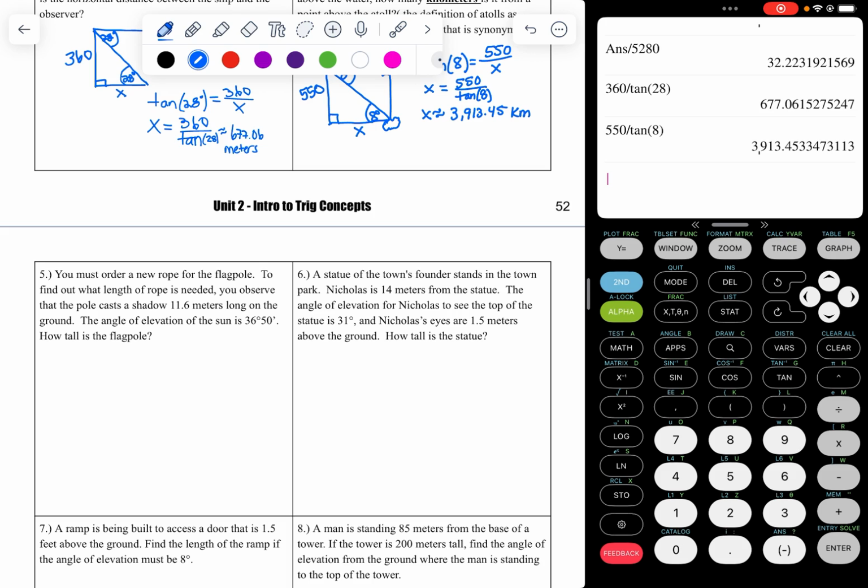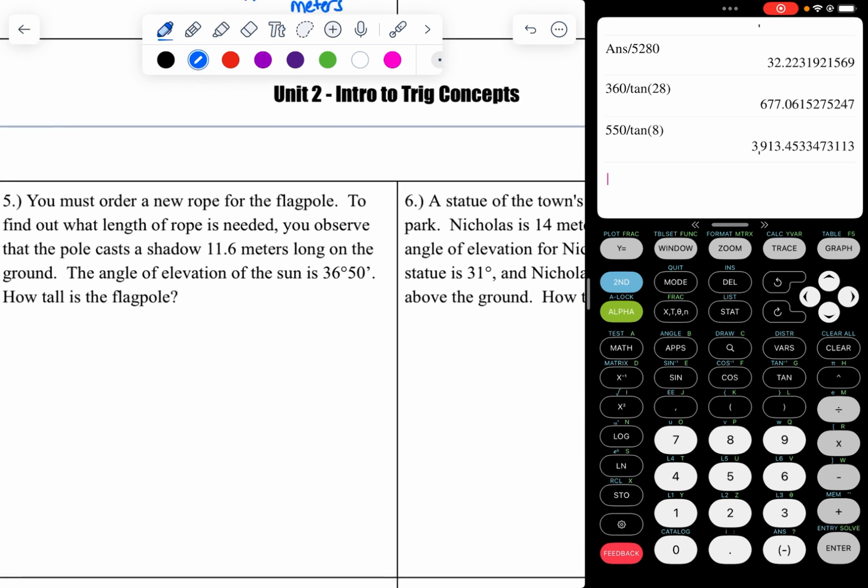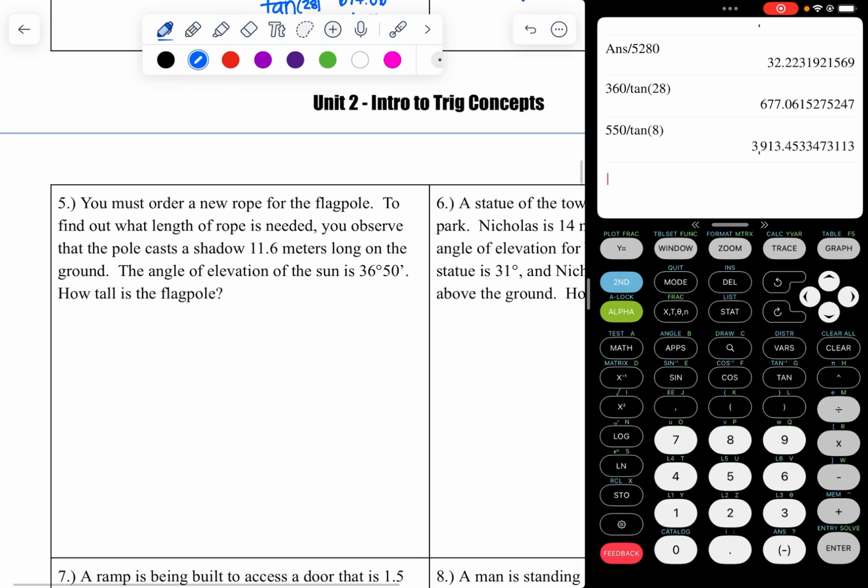So number 5, you must order a new rope for the flagpole. To find out what length of rope is needed, you observe that the pole casts a shadow 11.6 meters long on the ground. The angle of elevation of the sun is 36 degrees 50 minutes. How tall is the flagpole? All right, so we've got our flagpole here.